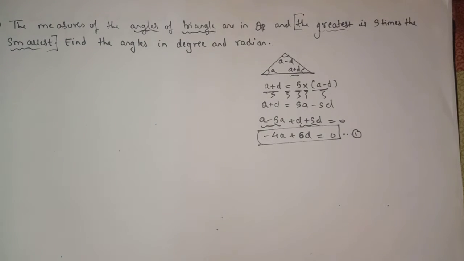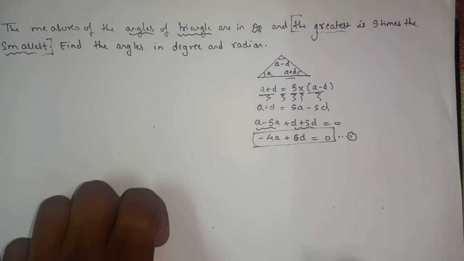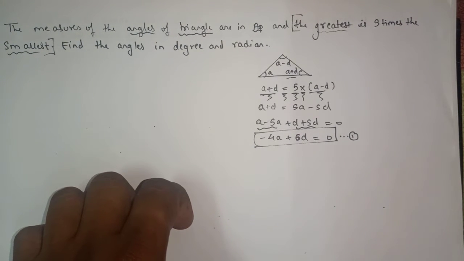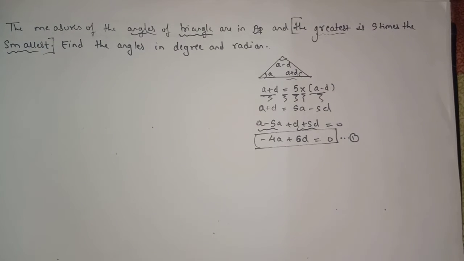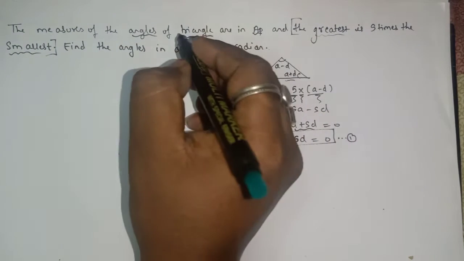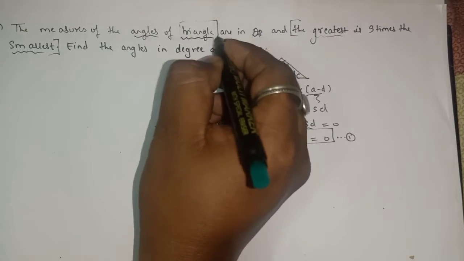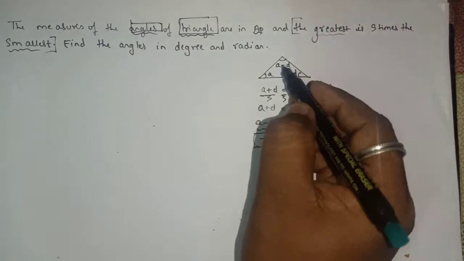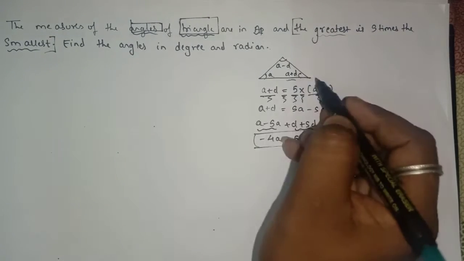Okay, so from where will you get the second equation? The second equation lies in this word, triangle, and angle. So here we have the angle and we have the triangle.